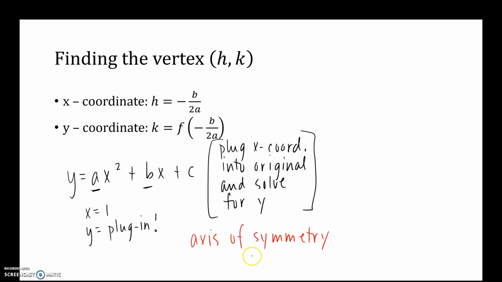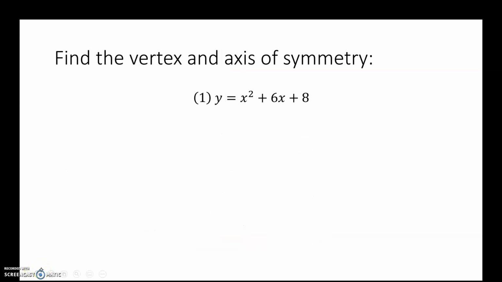Okay, vertical lines are always written in the form x equals, and if it goes through the x-coordinate of my vertex, the x-coordinate of my vertex is that value of h. So the axis of symmetry and the vertex are directly related. You can't have one without the other. So the three examples we're going to do, we're going to find the vertex, and then I'm going to show you just how easy it is to go right to the axis of symmetry.